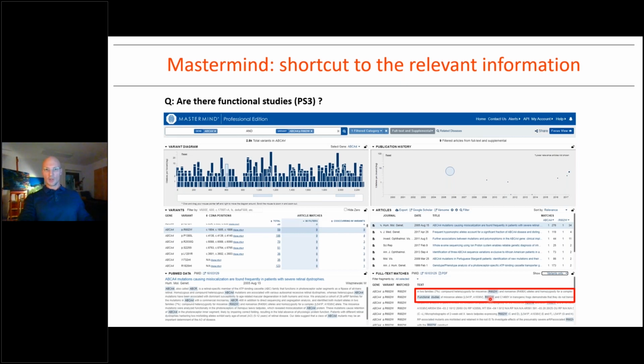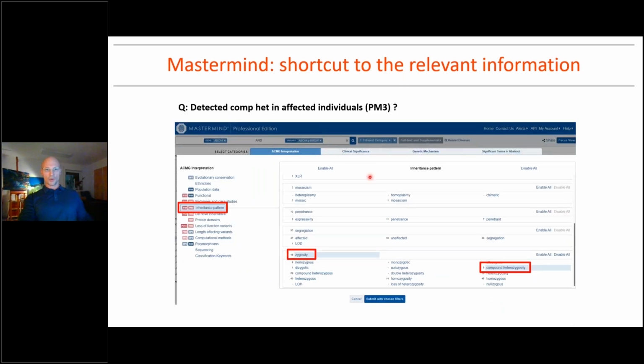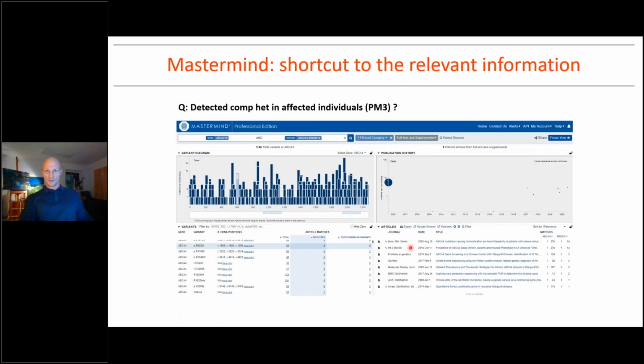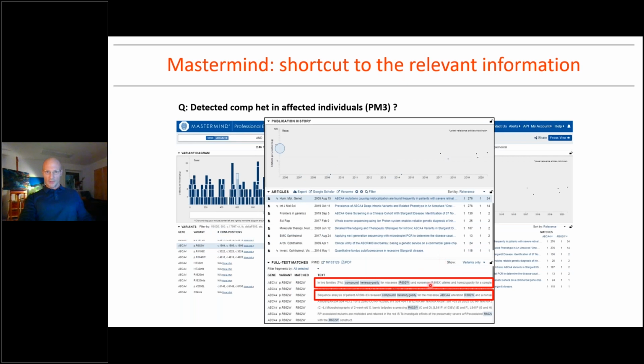The same can be used for the question of whether I found the variant in a compound heterozygous state. I navigated to inheritance pattern, zygosity, compound heterozygosity, and submitted with the other filter set. And again, voila, I find here that it was compound heterozygous with a stop variant and so on.